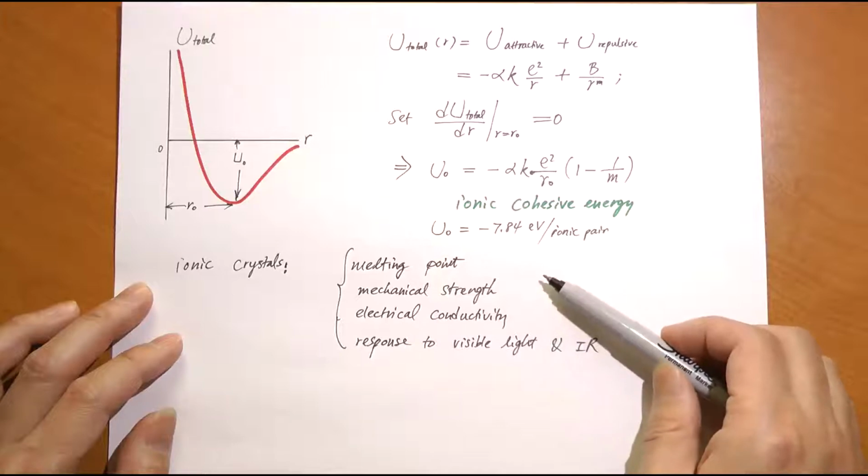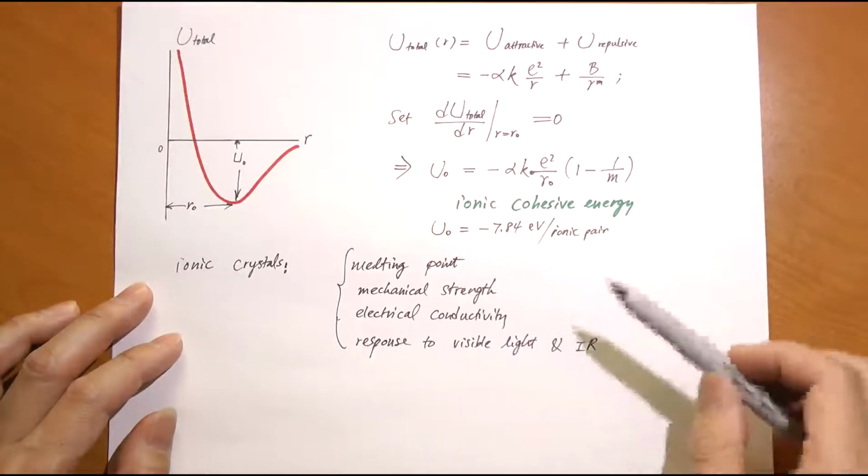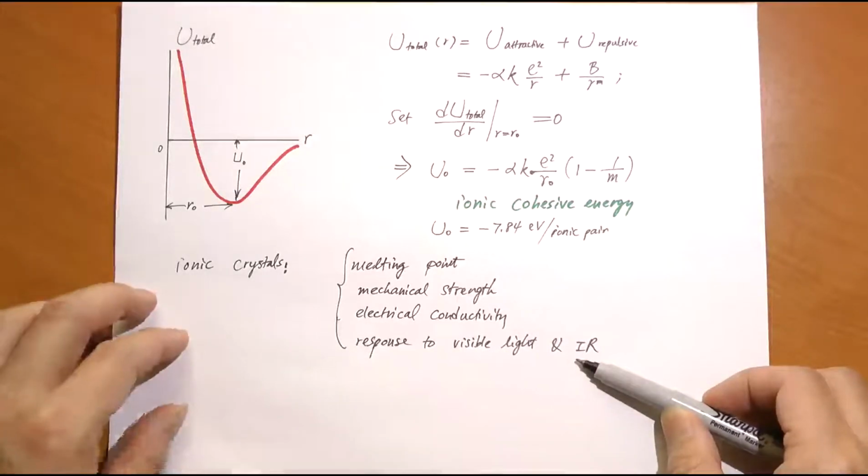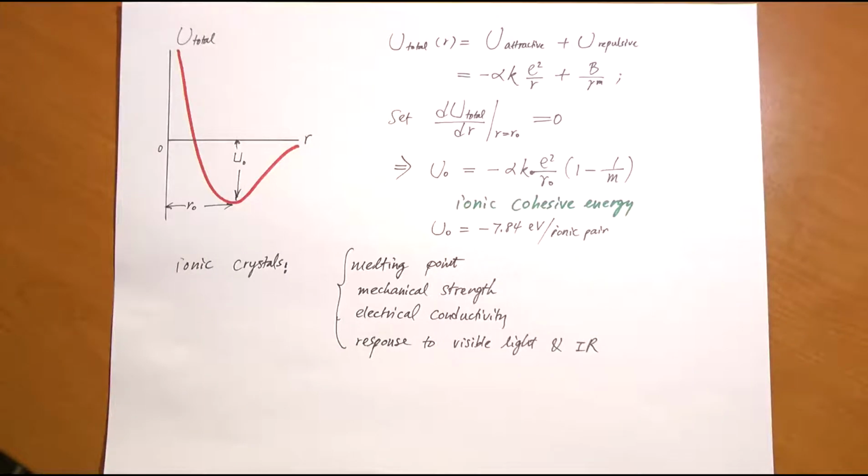And how does an ionic crystal respond to visible light and IR? What if you illuminate with visible light? Well, table salt as a single crystal is transparent. That's not just for table salt, it is also true for all ionic crystals. They're all transparent to visible light.